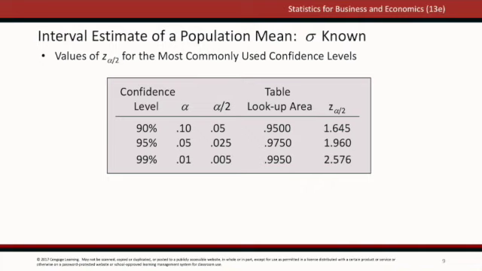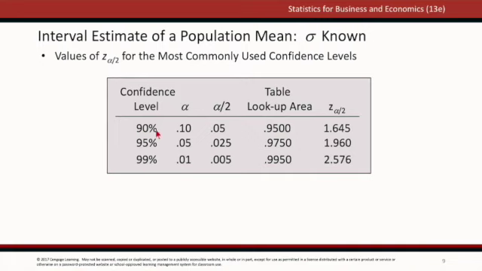Finally, for the confidence level 99%, 1 minus alpha is 99%, so alpha is 1%. The area left on each tail is 0.5%, and the lookup area that you need to find the z-score is 0.995 or 99.5%, and the z-score that you will find is 2.576. I will encourage you to memorize these values together with the confidence level.